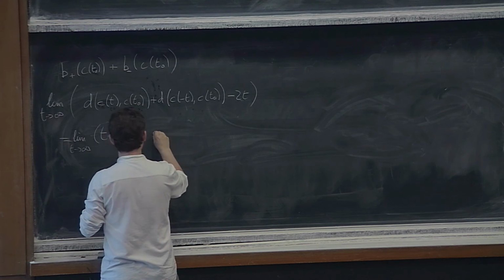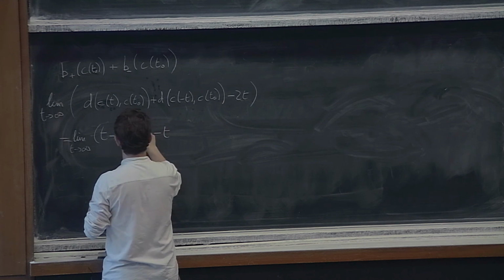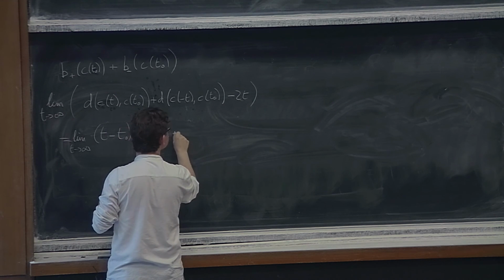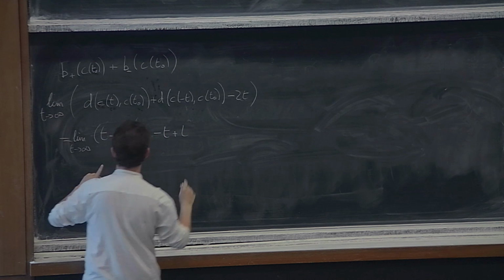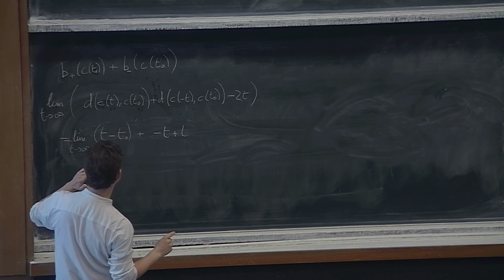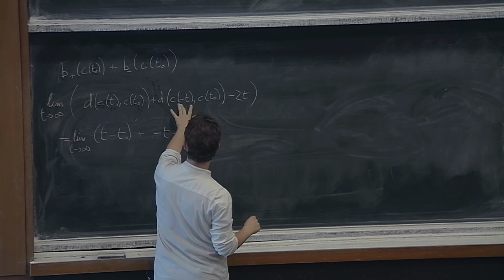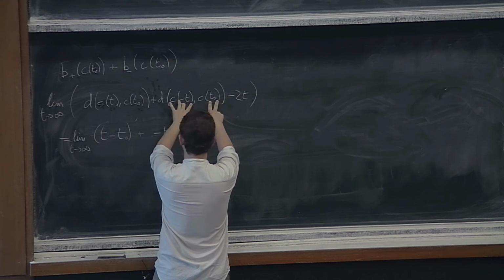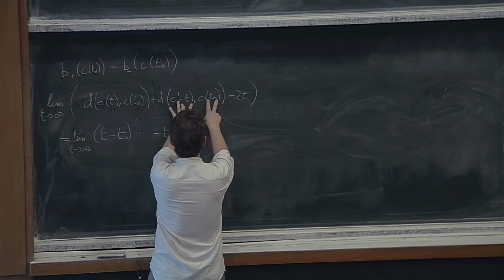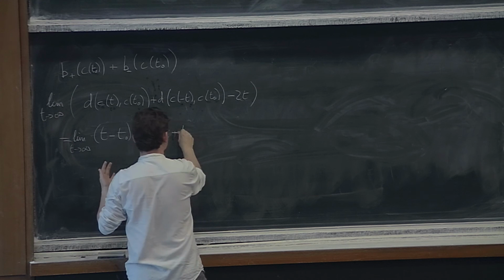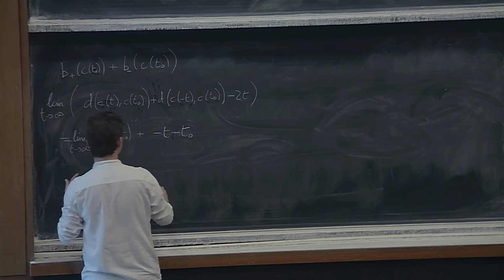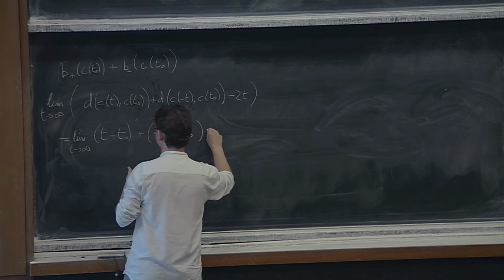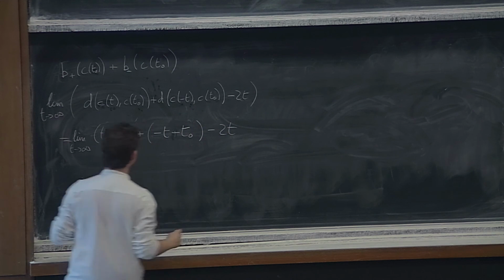Here that will be t plus the absolute value of minus t naught, so that's plus t naught. Minus 2t.